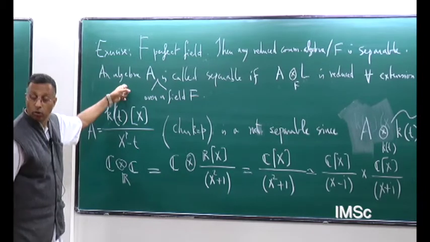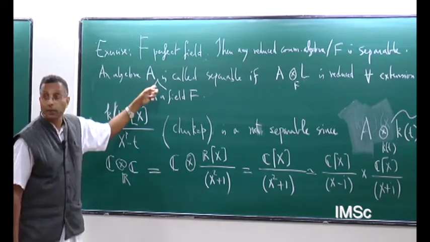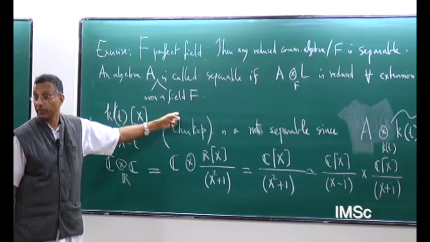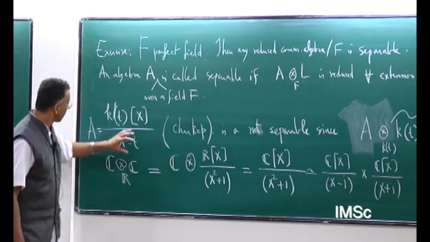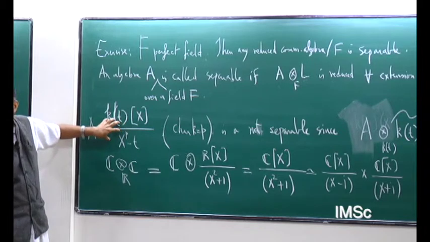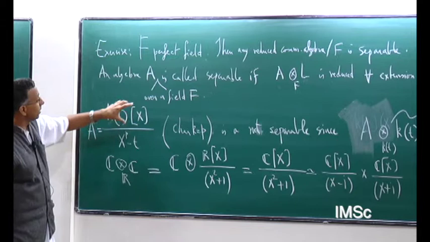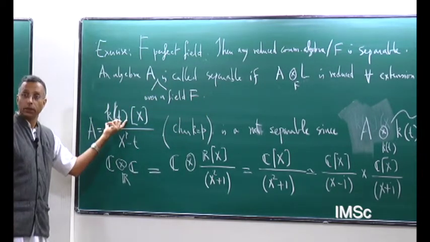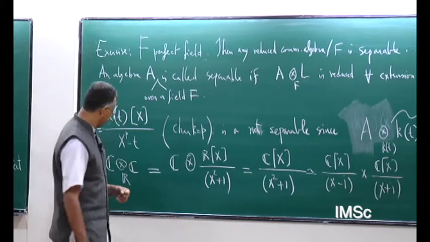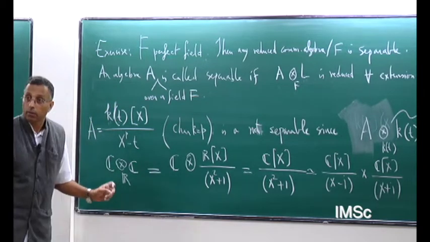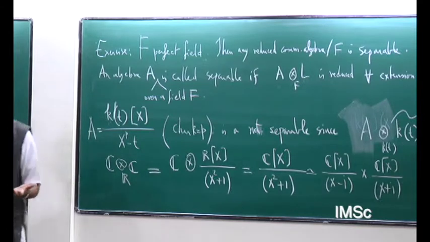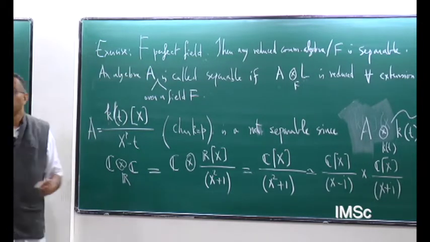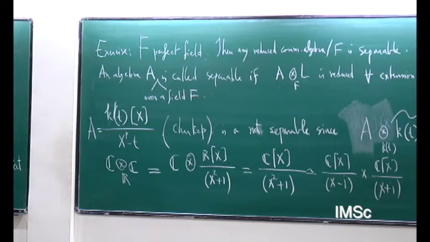This notion can in particular be applied when A is a field extension of F. For example, this one, as Gautam points out, is a field extension. This field extension of K(t) is non-separable, whereas C over R is separable. And any field extension in characteristic 0 is separable.